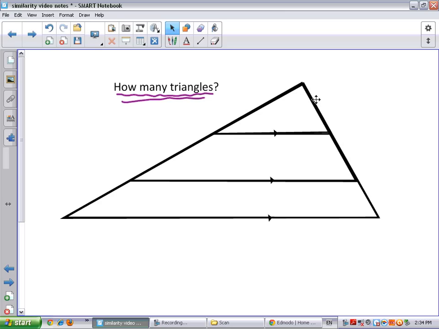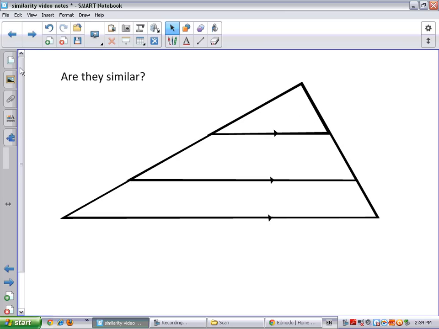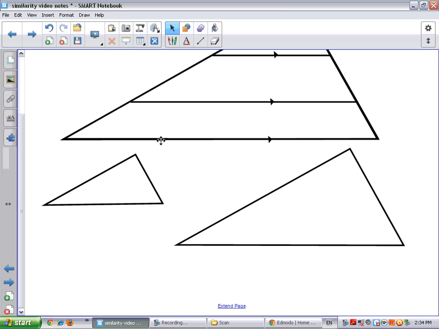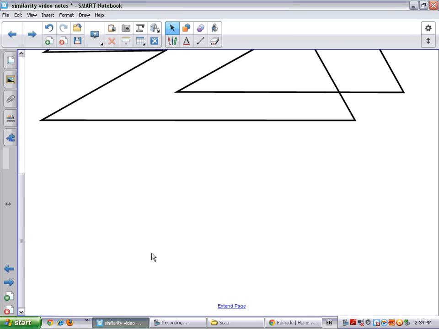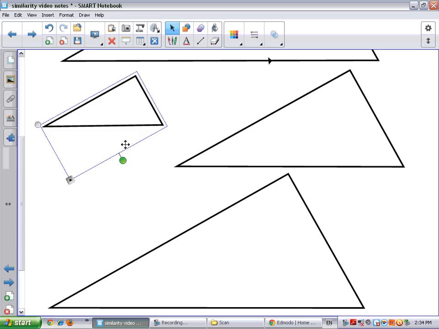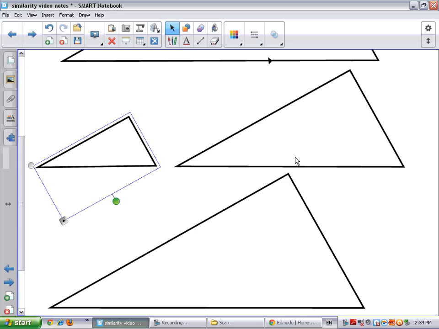And so within that drawing of these three triangles, we asked you, are those three triangles similar? And when you bring them out like I suggested in the previous video, and you draw them out so that their corresponding sides are in the same orientation, what I hope you're able to see is that they appear to be similar. This appears to be the same shape as this, just smaller.